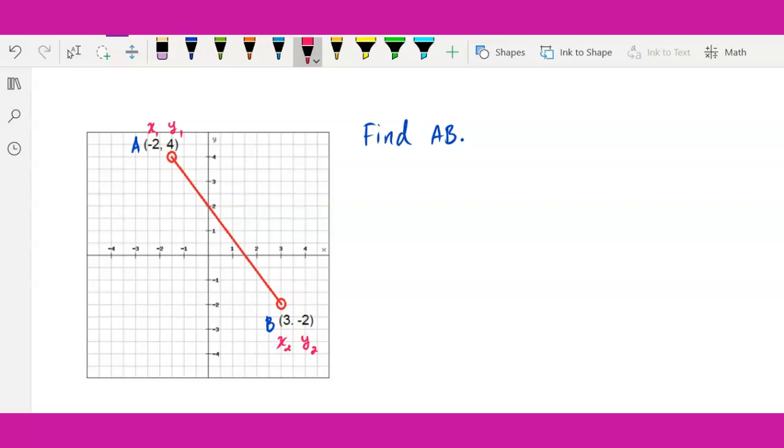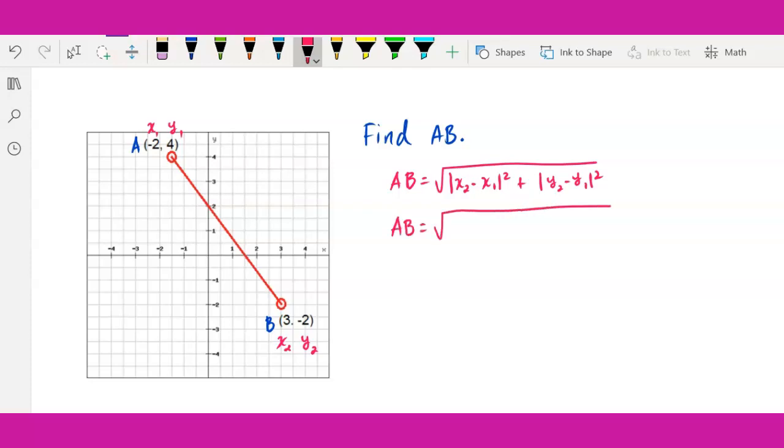All right. So now let's find the distance. AB is equal to the square root of the absolute value of x2 minus x1 squared plus the absolute value of y2 minus y1 squared. Let's plug in what we know.